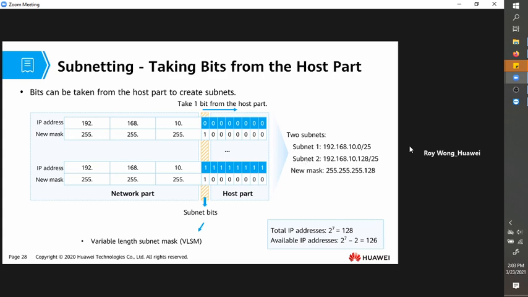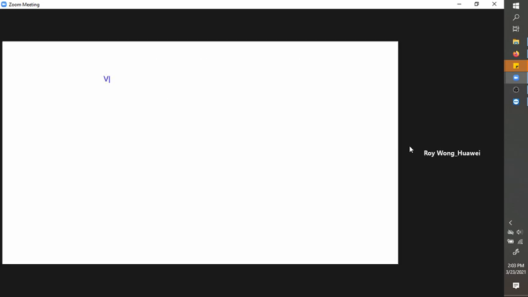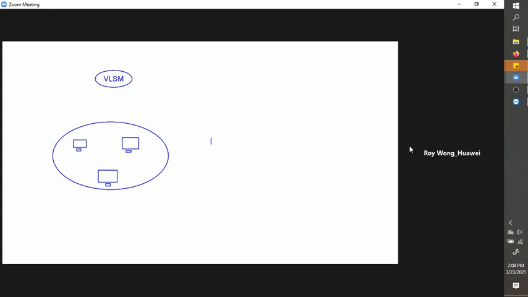How do they do the calculation? We call this VLSM, to save IP resources so we don't waste IPs. If you have one zone with a lot of PCs inside. So this is the IP, the network address.